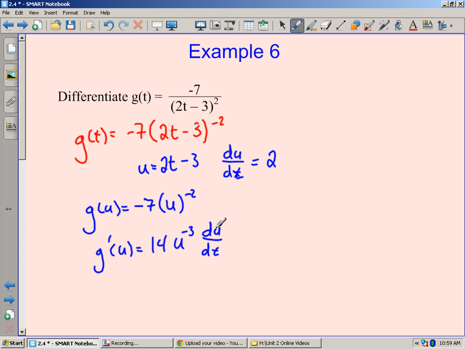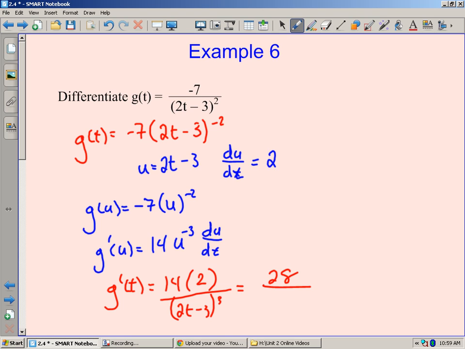When I go back and replace everything with the t value, my g prime of t would be 14 times 2 all over, moving the negative exponent down to the bottom, 2t minus 3 cubed. So the best I can do is 28 over 2t minus 3 cubed. And that's the derivative I'm looking for for this function.